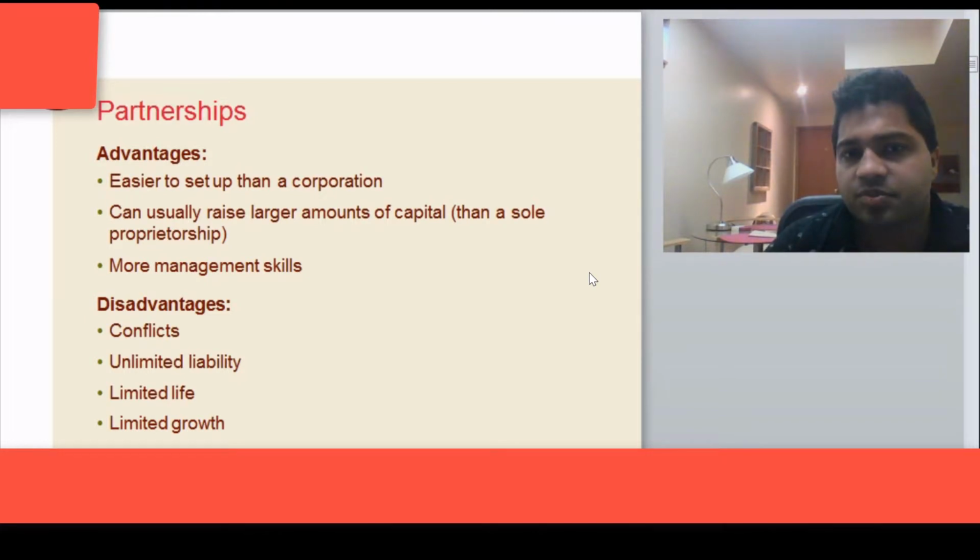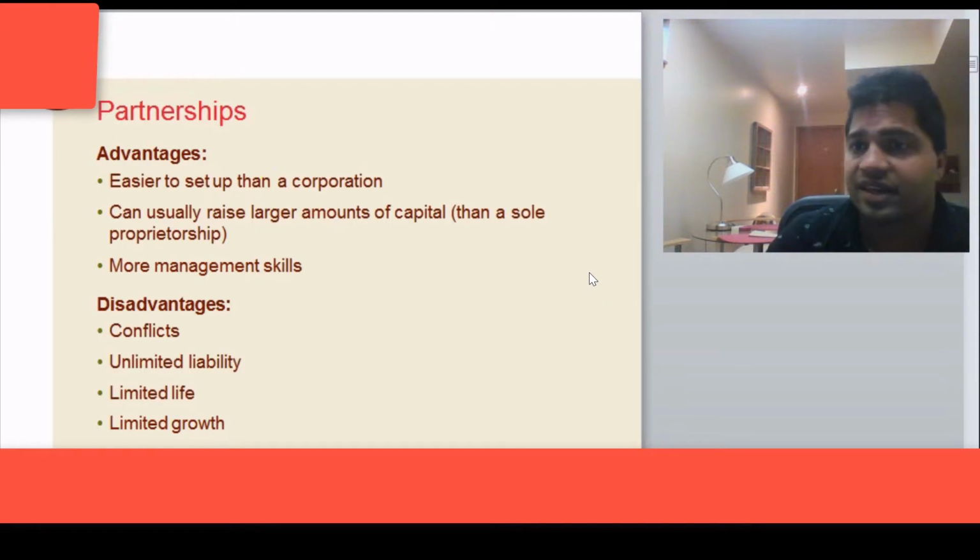Advantages of partnerships: it's easier to set up than a corporation but more difficult than a proprietorship. It can usually raise a larger sum of capital than a sole proprietorship. You have more management skills because you can take in a partner who complements your skills. Disadvantages: there can be a lot of conflicts. There is unlimited liability, especially on general partners.